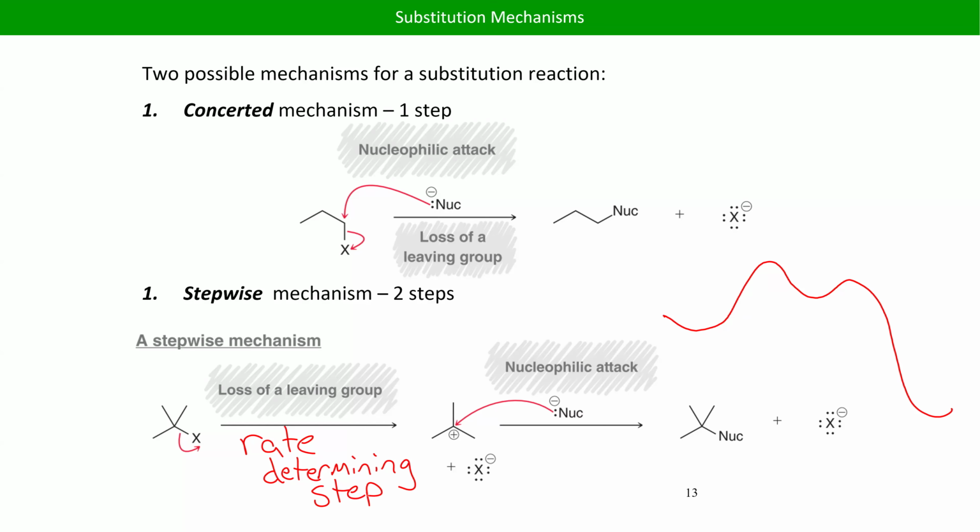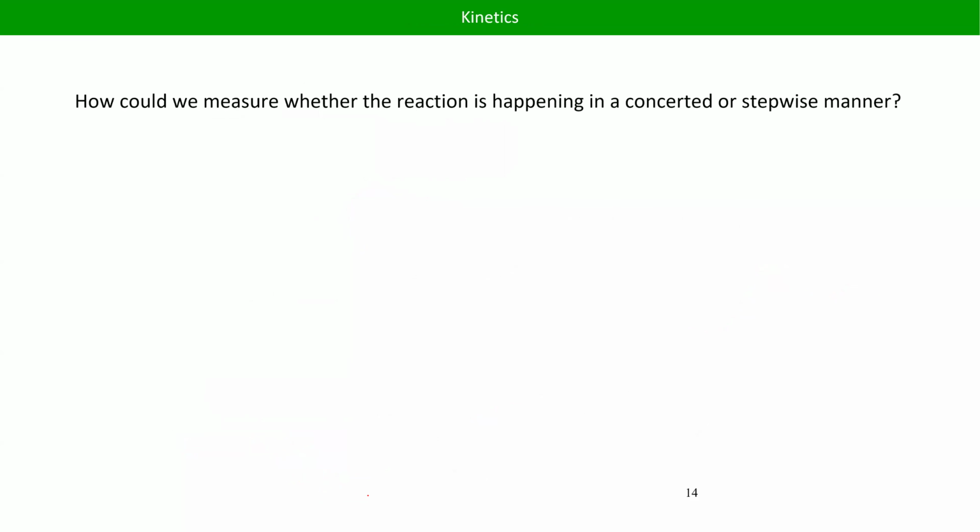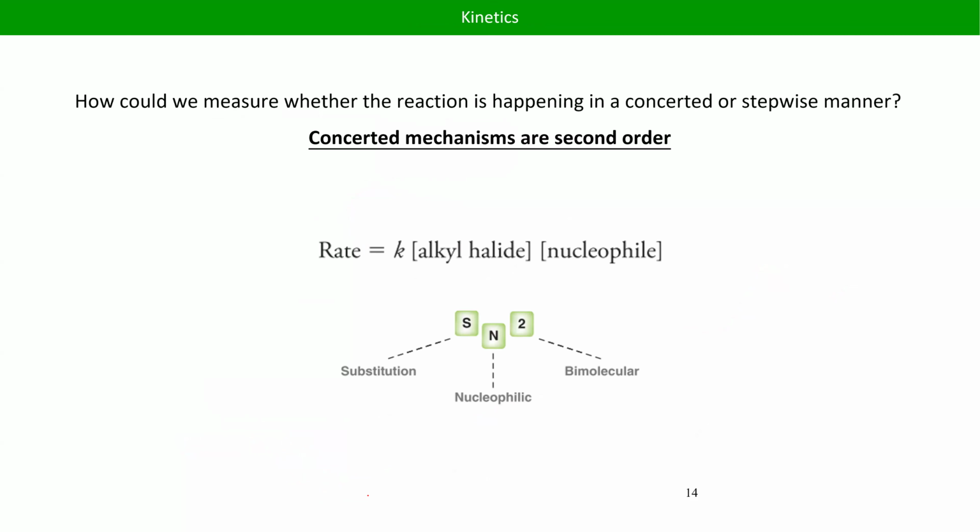If it's concerted, we should see a second order reaction. So the concerted mechanism for this reaction is what we call SN2. So SN2: substitution, nucleophilic, second order.